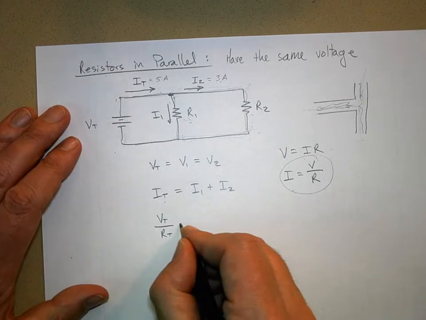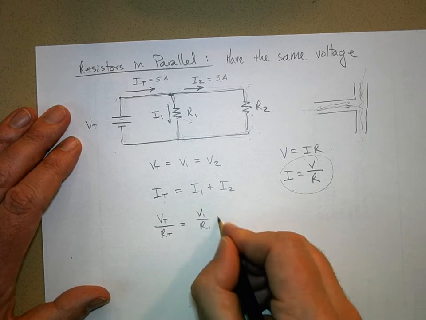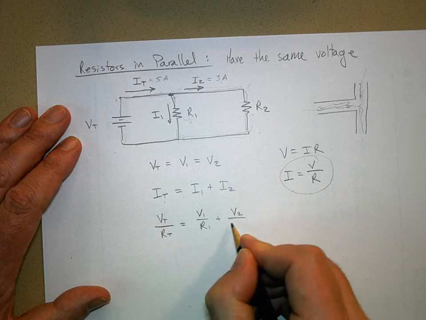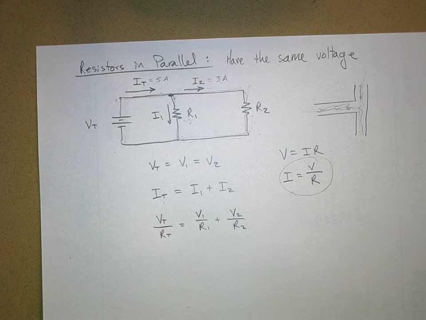Well, I1 is going to be V1 over R1 plus V2 over R2. Now, by the way, I'm deriving an expression here. You will not have to memorize this derivation, but I'm just showing you that I'm not just pulling this out of thin air. I'm actually deriving it.